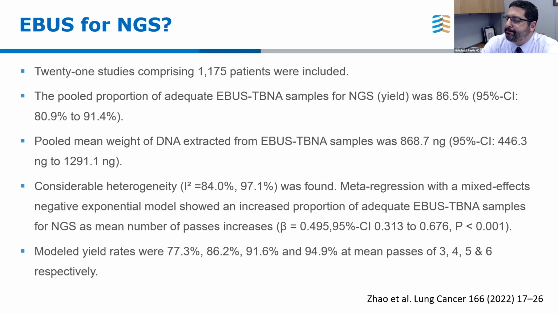But they did show in this study that the more passes you put in cell block, the better your yield. And it looked like it went from 4, and then when you got up to 6, it was even a little bit better.